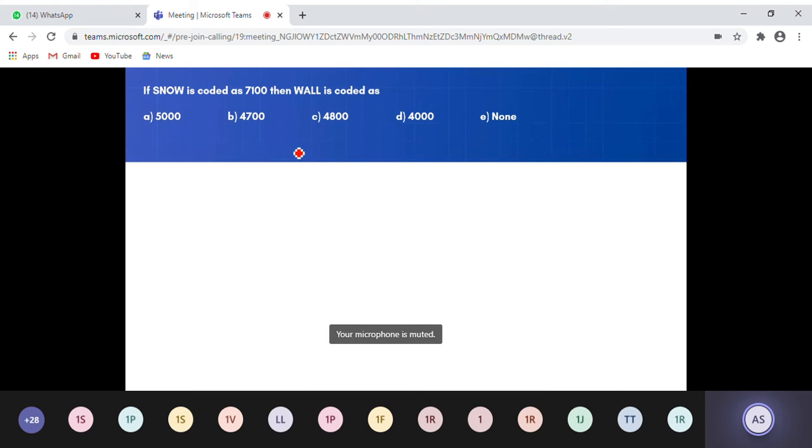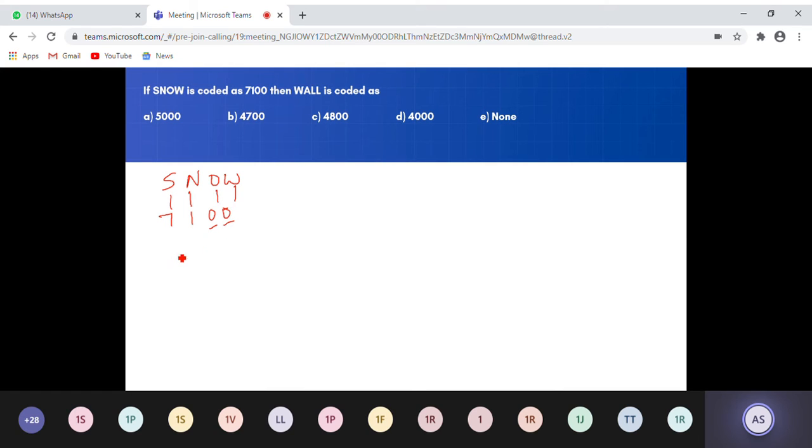Snow is coded as 7100. Now, if I write down SNOW and write 7100, I can't map it onto this, right? Because either the seventh alphabet is S, and the first alphabet is N. And we see that O and W are written by the same number here.